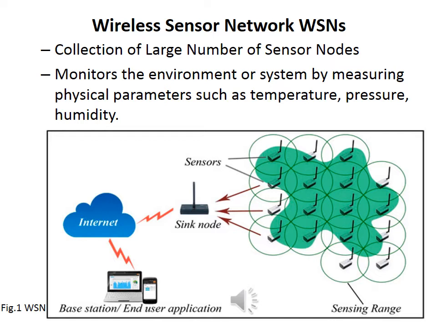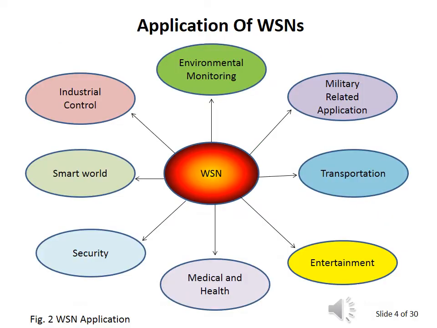All these sensor nodes sense the physical parameters, record the data and transmit the data to the sink node, and after that the sink node transmits the data towards the base stations, and then on that data people do some analysis and work. So this is the main definition of the wireless sensor network.